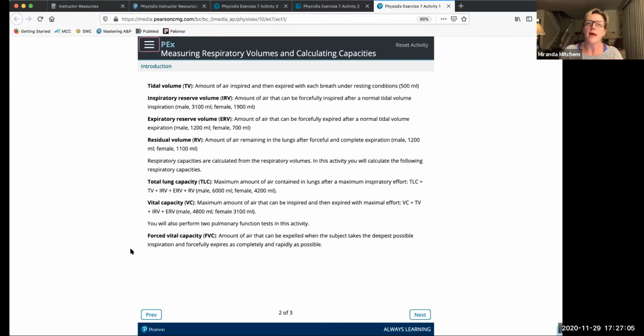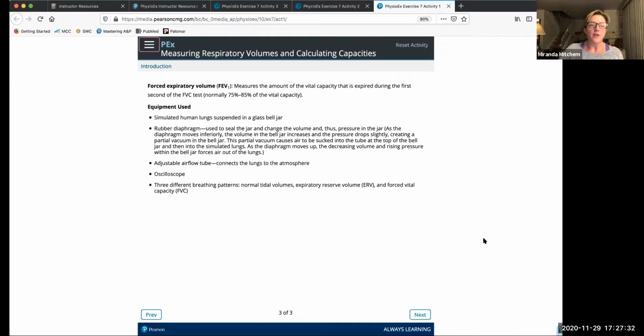But there are capacities, and capacities are the sum of 2 or more volumes. For example, the vital capacity is equal to the tidal volume plus the inspiratory reserve volume plus the expiratory reserve volume. All right, let's move forward.